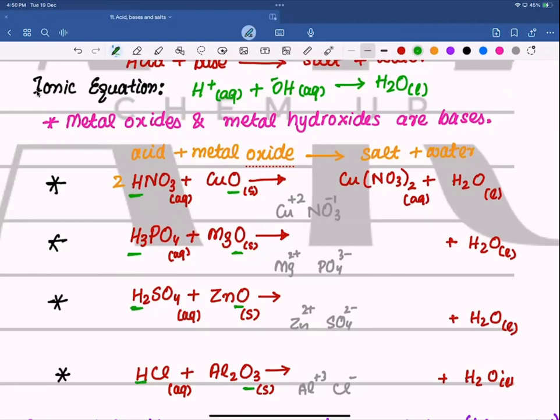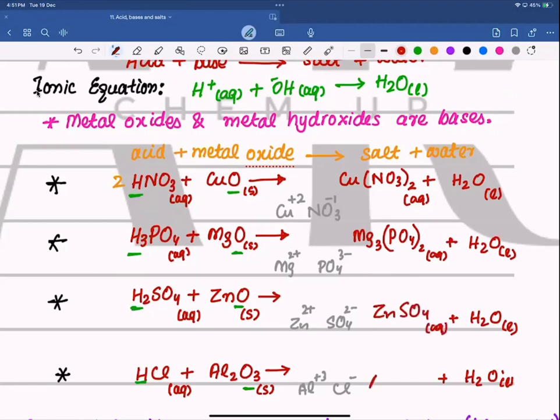Is this clear to all of you? Yes. Okay. Now if you see, here magnesium has 2 plus and phosphate has 3 minus. So when I make the salt, it will be Mg3(PO4)2, and it is going to be aqueous. And here Zn has 2 plus and sulfate has 2 minus. So when the charges are the same, we just join them.